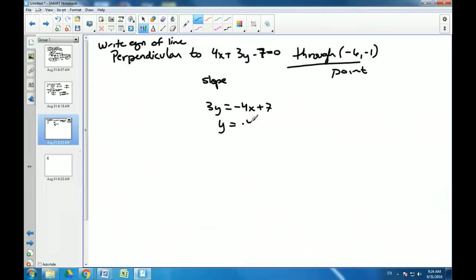Y equals -4/3. Who said that? So this is our original. The slope is back 4, down 3. Down 4, right. Oh, this is y's up and down. Rise over run. I need to get y alone.